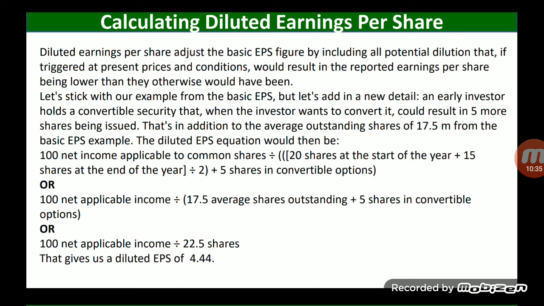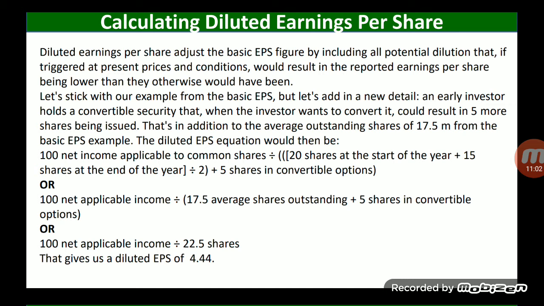From the basic EPS example, the diluted EPS equation would be like this: 100 net income applicable to common shares divided by 20 shares at the start of the year plus 15 shares at the end of the year, divided by 2, that is 17.5, plus common shares in convertible options.